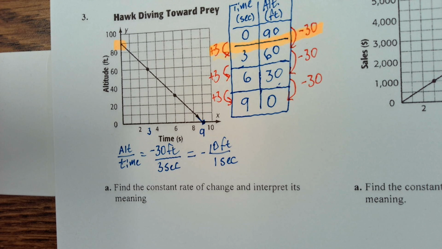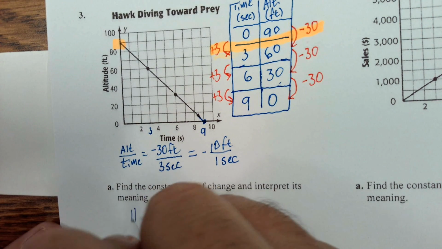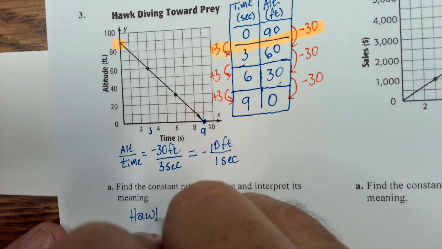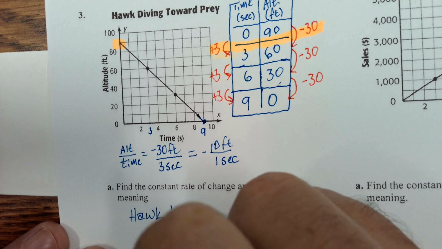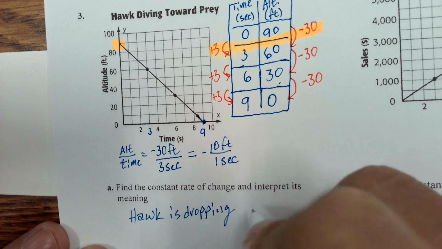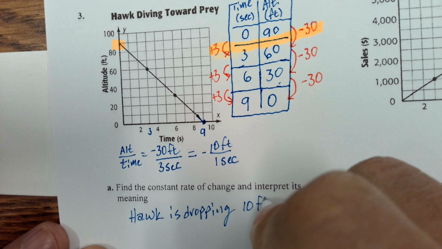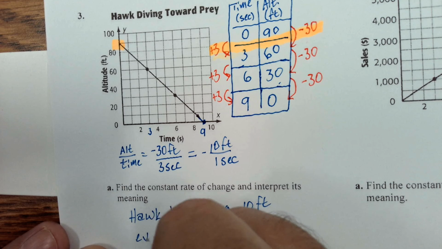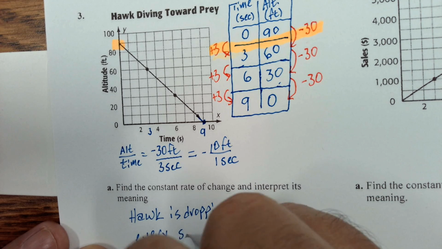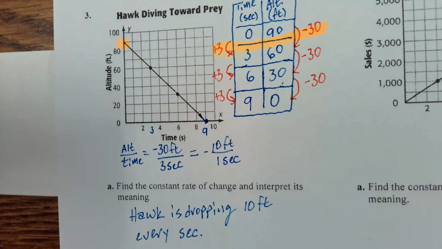What is that telling us about how this hawk is flying? It's dropping 10 feet every 1 second. You could just say every second. Wow. That's fast.